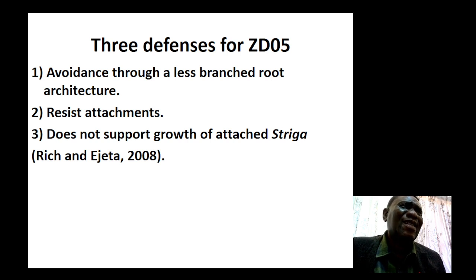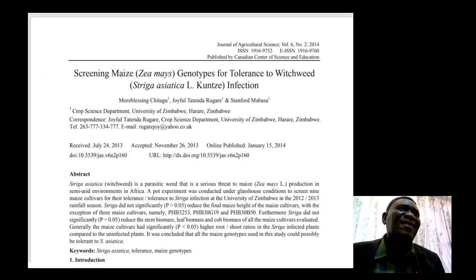But the second one, where it can actually resist attachments, this is very important. It also doesn't support growth after attachment. So it interferes with the life cycle of striga. This is also an important trait. You may have a look at that paper.